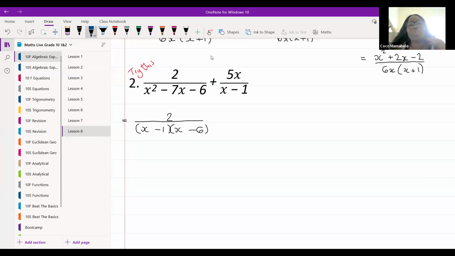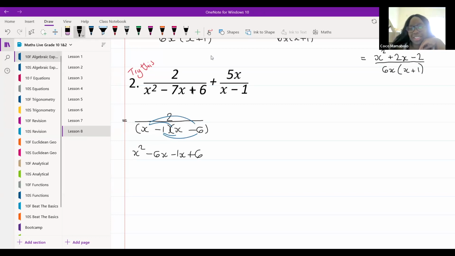If we FOIL quickly, here's what's going to happen. I'm going to end up with x squared minus 6x minus 1x, and then I'm going to get a negative and a negative, and it's going to give me positive 6. Are you seeing it? Yes, ma'am. So that's why ma'am was saying, let's change that to positive. Otherwise, we're not going to be able to factorize that properly.